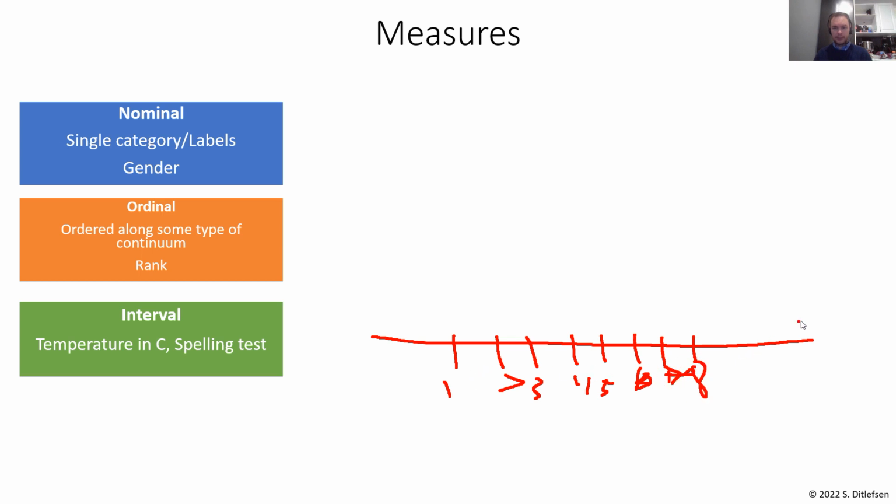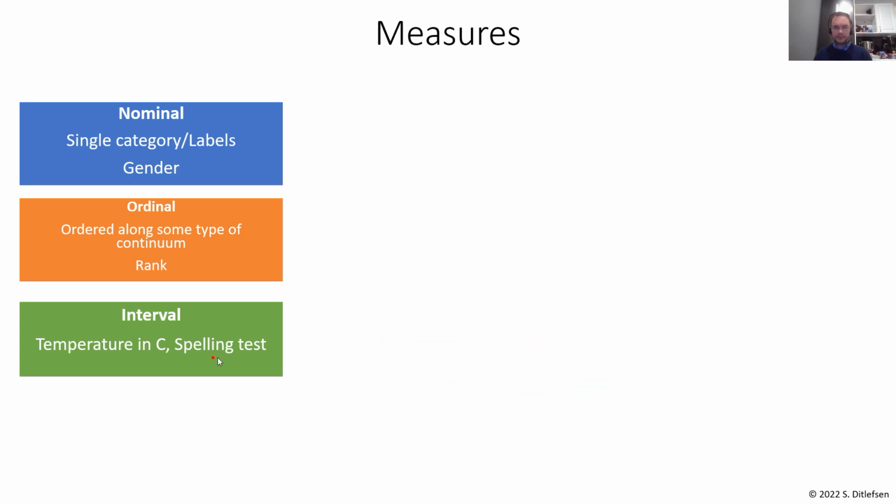So 1 degree in middle, and this is temperature in Celsius. Also, spelling test. How did you do in the spelling test? It's an interval between them. You got 10 points, 15 points, 20 points, 25 points. That's like there's an interval between them.